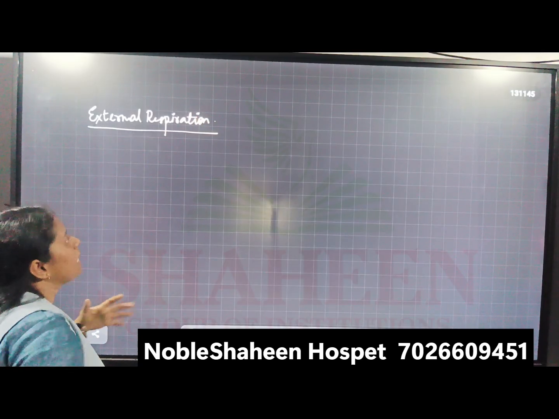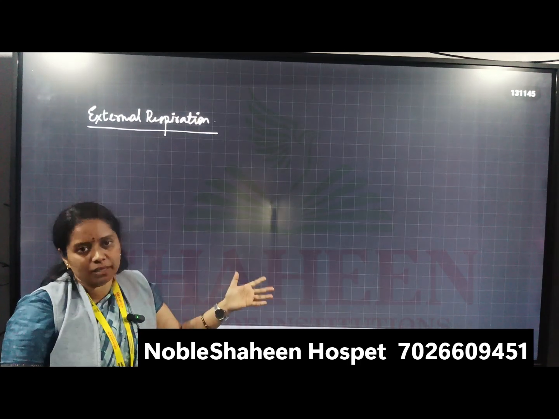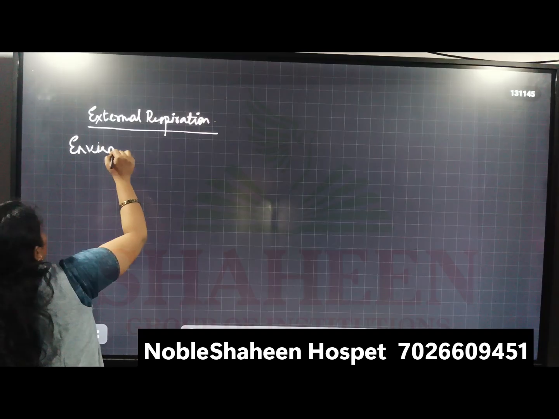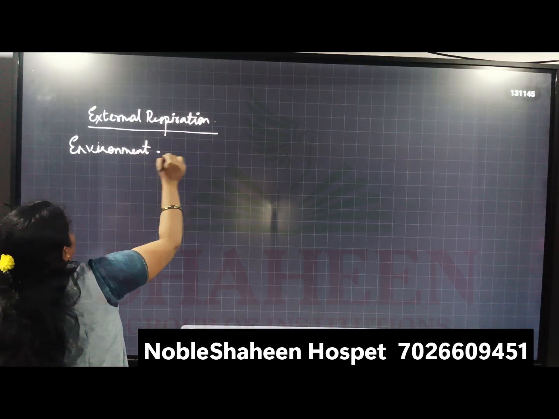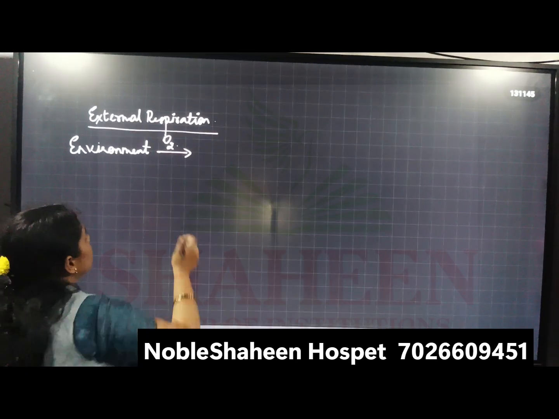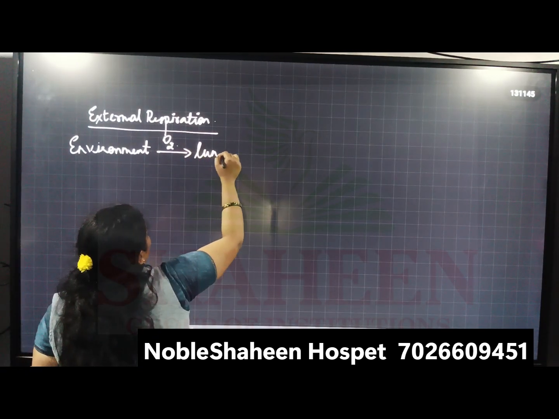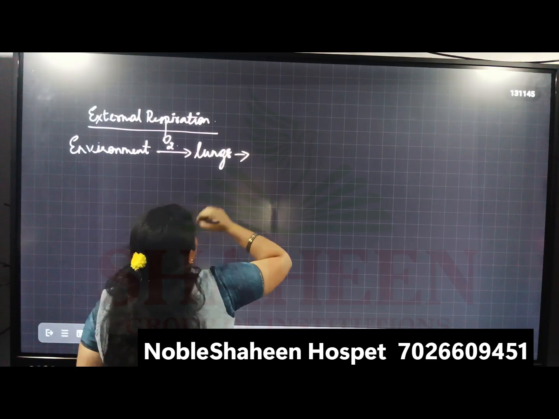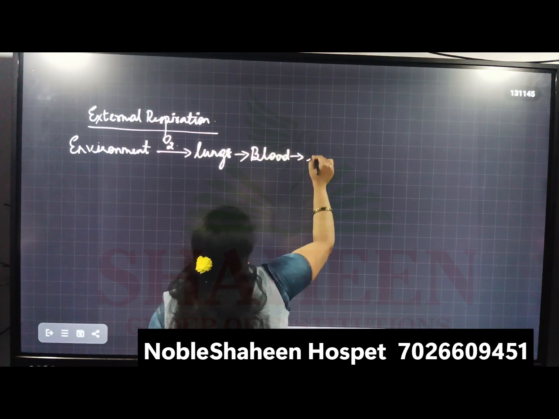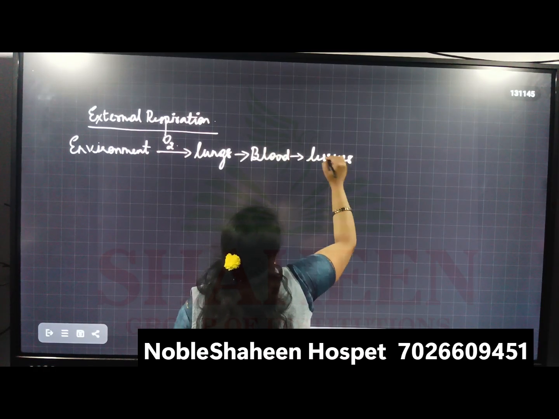Let us take this in one shot, like a schematic representation. So the environment, which is rich in the gas which we need, that is oxygen, this enters our lungs. From here it reaches blood, tissues.